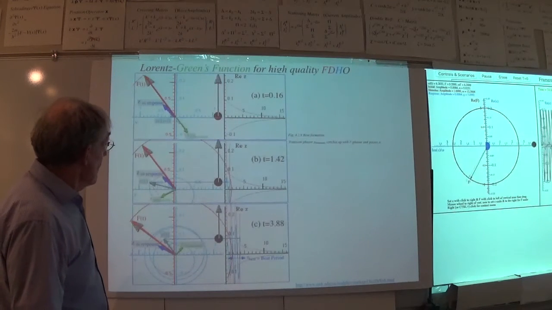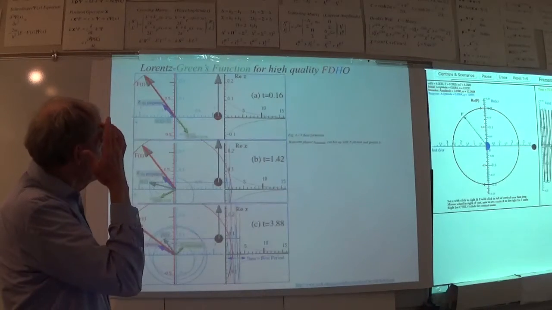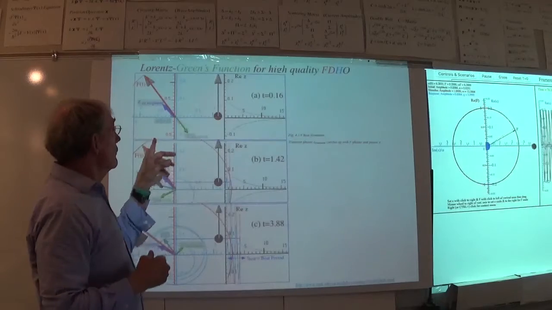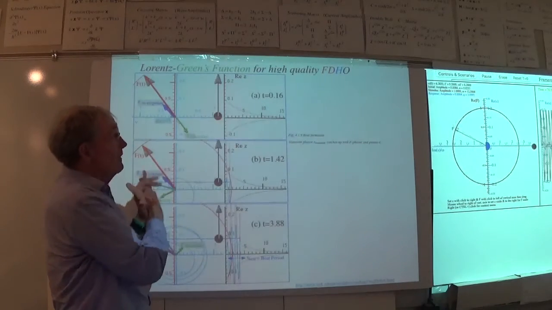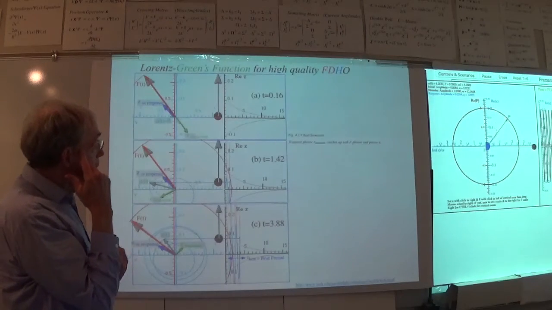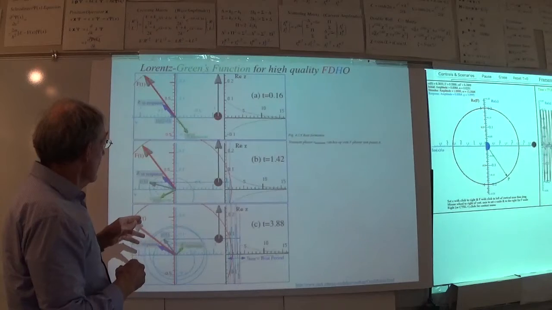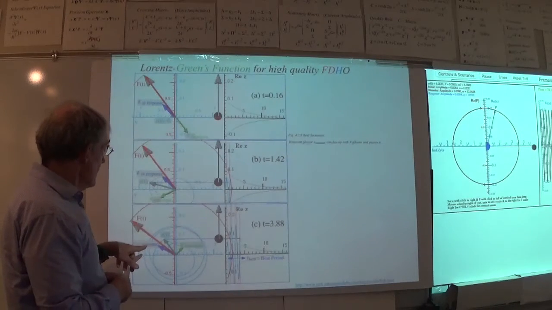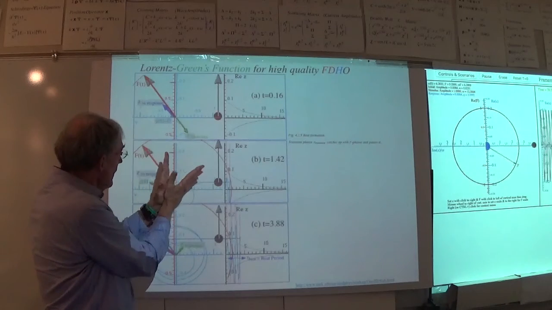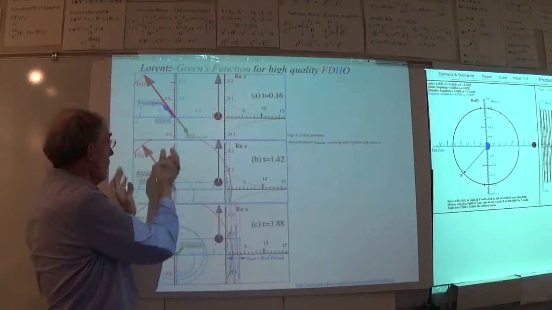So be aware that when you're at resonance, and this is for very high quality forced damped harmonic oscillators, so we're talking about gamma values here at 0.00 something, what you're talking about is the steady state response, always separated by an angle rho from the force.